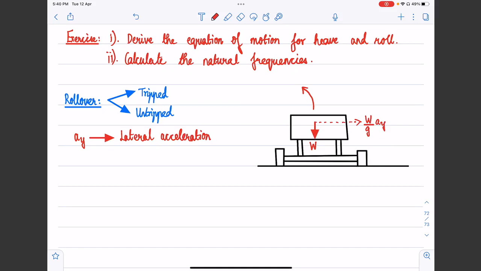Okay, so that is the D'Alembert's force which acts at the lumped mass of the CG. Let us say the height of the center of gravity from the ground is some h, and let the normal load on the inner wheels be Wi, and the normal load on the outer wheels be some Wo.